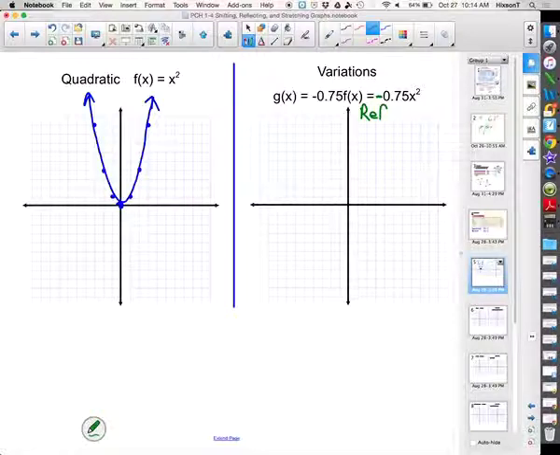So we're going to reflect across the x-axis. Eddie? Vertical shrink by 0.75. Good. There's also this vertical shrink.